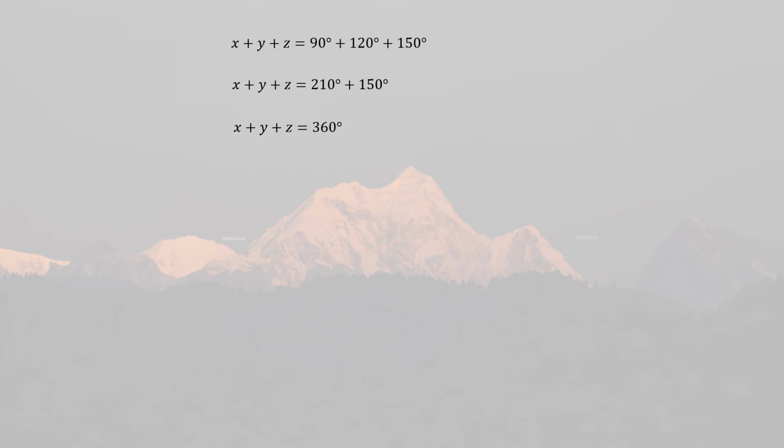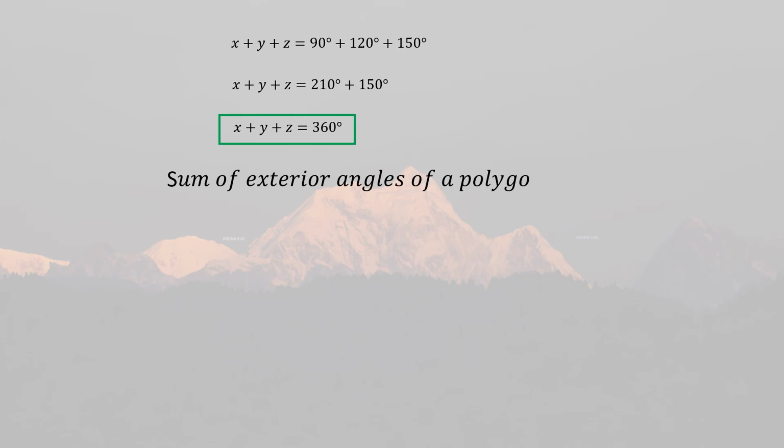As we know that all of these angles x, y and z are the exterior angles, the sum of exterior angles is equal to 360 degree, and it is true for any polygon. So if you have a quadrilateral also, the sum of exterior angles of a quadrilateral will always be 360 degree. So we can conclude that the sum of exterior angles of a polygon, that is any polygon, is 360 degree.